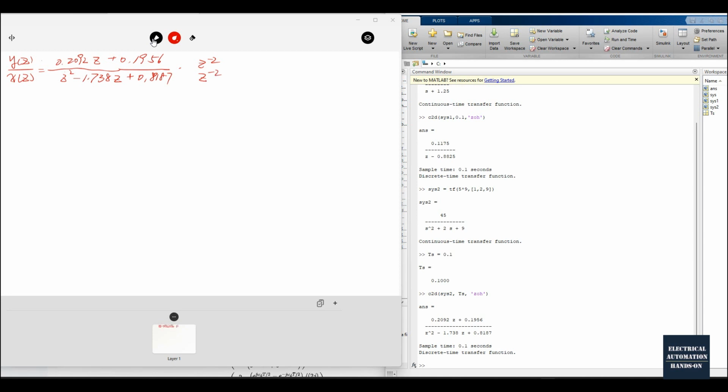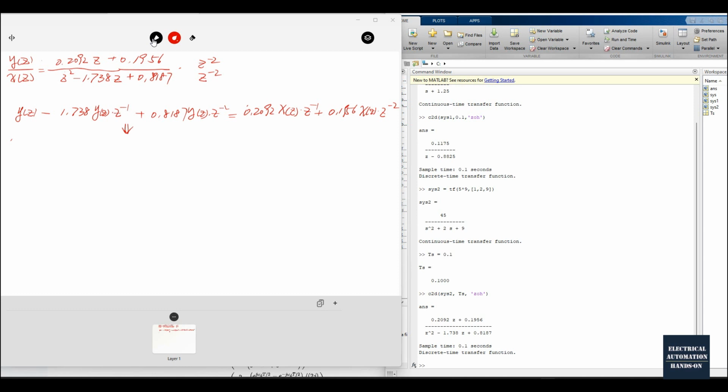Then this equation becomes y z, then minus 1.738 y z multiplied by z minus 1, and plus 0.8187 y z times z minus 2, equal to 0.2092 x z minus 1, and plus 0.1956 x z minus 2.